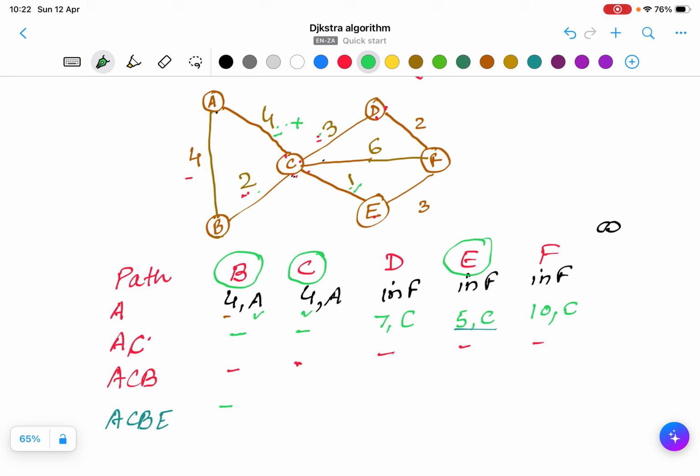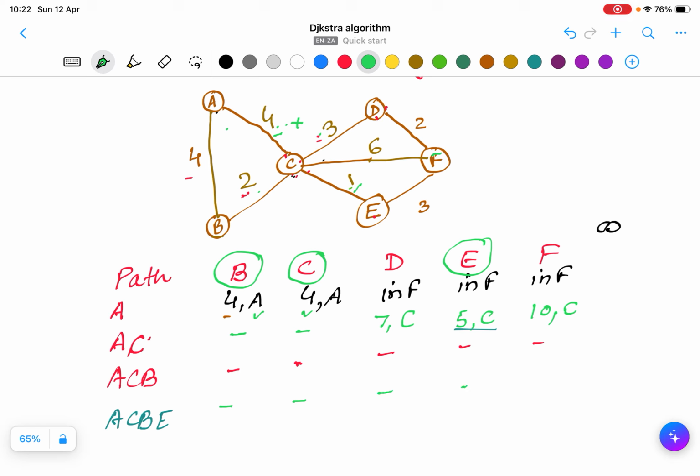For C again, there is no change in the cost when we are using E as the intermediate node, because E comes after C. Then for D, if we are reaching through E, we cannot reach through F, that's the only different route, so this cost also remains the same.